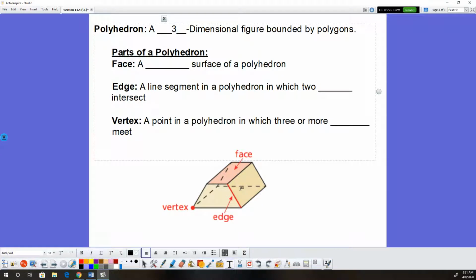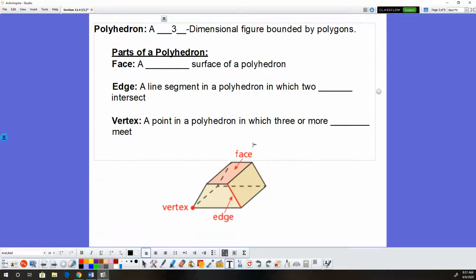Now, the polygons do not have to be the same shape. As you can see down here, here's a trapezoid, here's a rectangle. That's still a polyhedron. So it's just a three-dimensional figure where everything is constructed of polygons. A cylinder would not be a polyhedron because, once again, its base is a circle, and circles are not polygons, so it wouldn't be bounded completely by polygons.